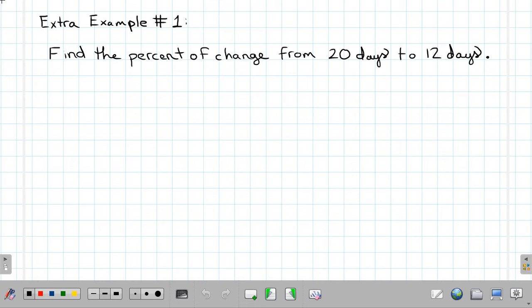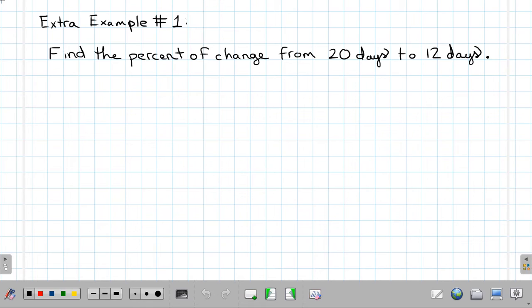This month it rained 12 days. What is the percent of change from how many days it rained last month to this month? But in this case, we don't have that backstory. We're just told we have 20 days and we're going to 12 days, whatever the situation is. And these are more like the questions you'll see on the practice and the homework.